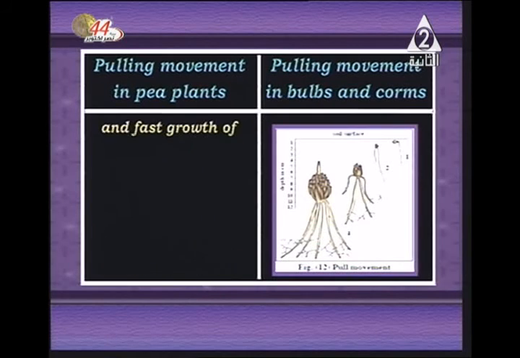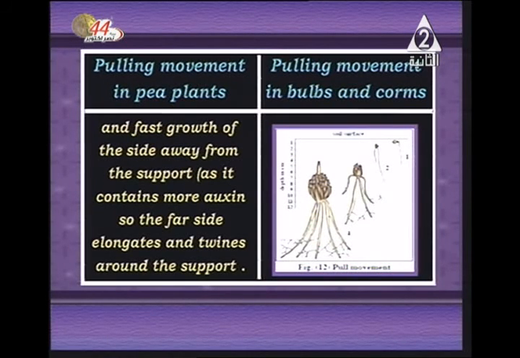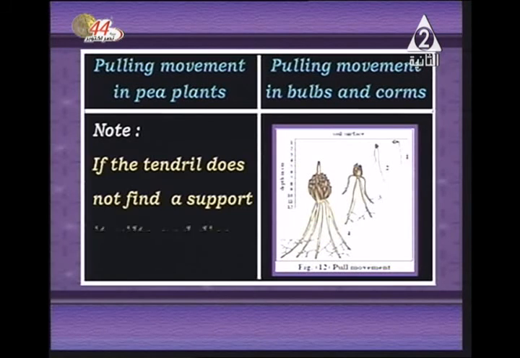On the other side, it contains much more oxygen. So what happens in this case? Fast growth of the side away from the support, the farthest one, that causes elongation and twining around the support many times, okay. But remember, if the tendril doesn't find a support, it wilts and dies suddenly.